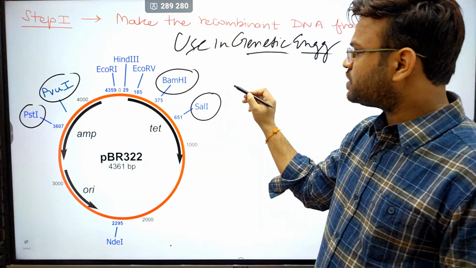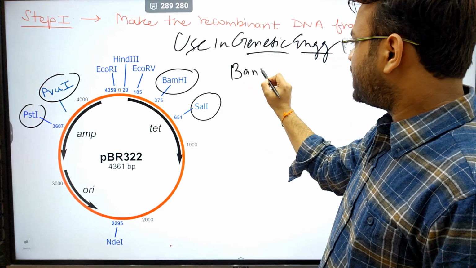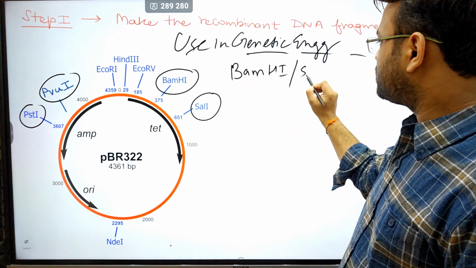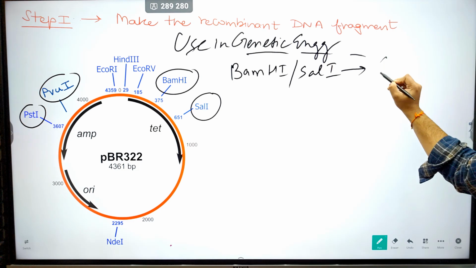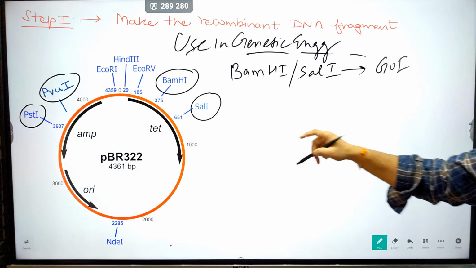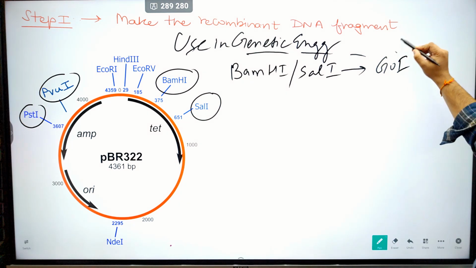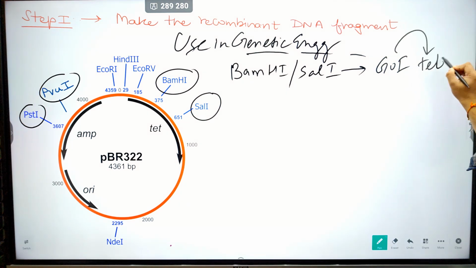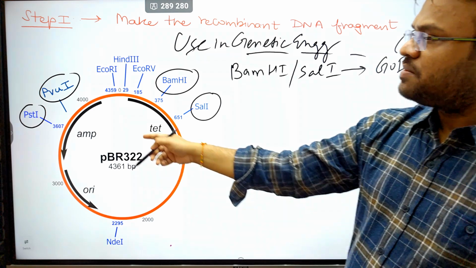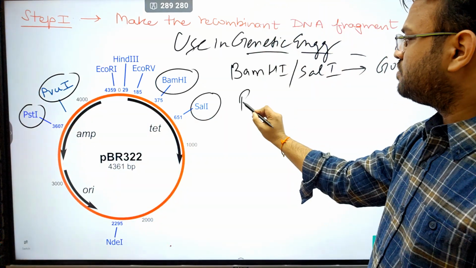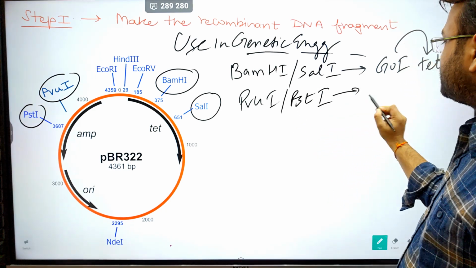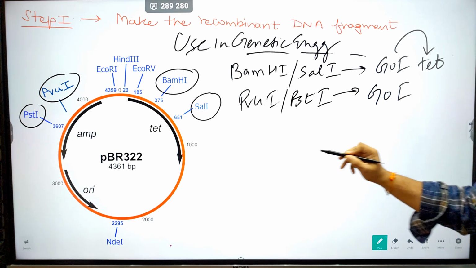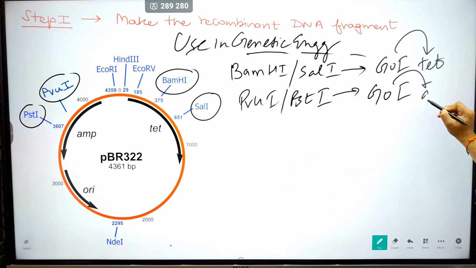If I'm using BamHI or SalI, then I will have to integrate my gene of interest in the tetracycline resistance gene. The gene of interest would be added into the tetracycline resistance gene. But if I'm using PvuI and PstI, then I will be integrating my gene of interest into the ampicillin resistance gene.